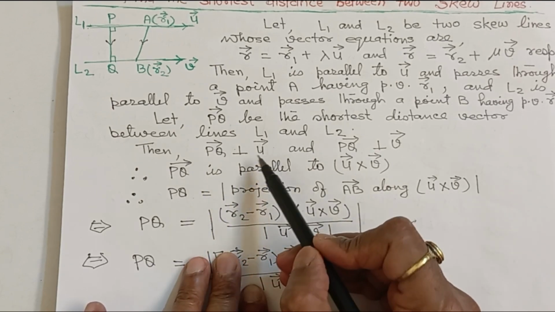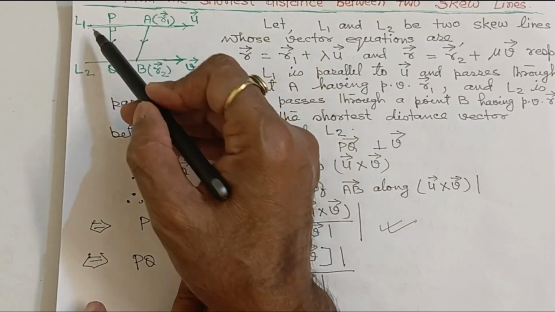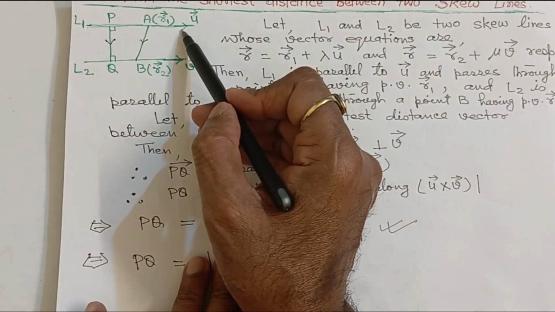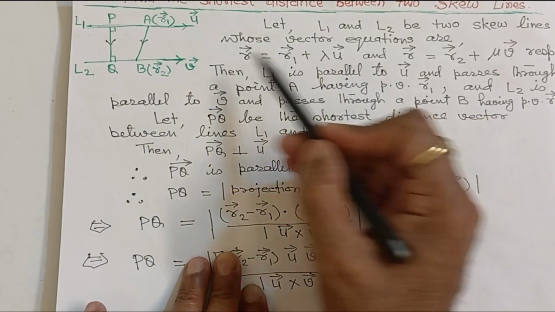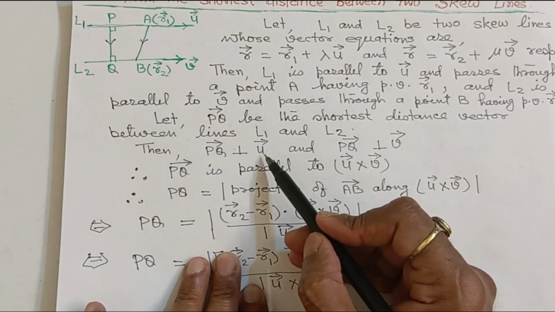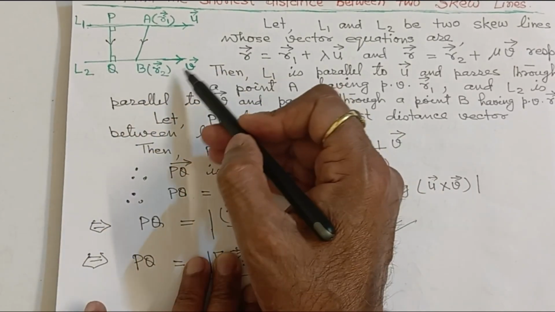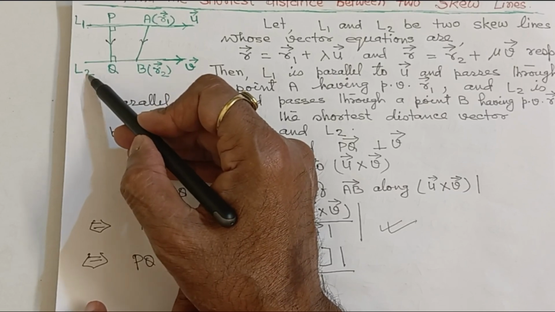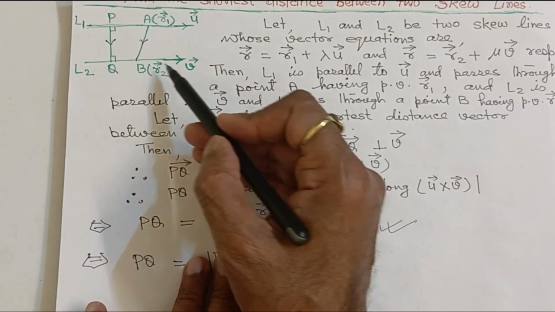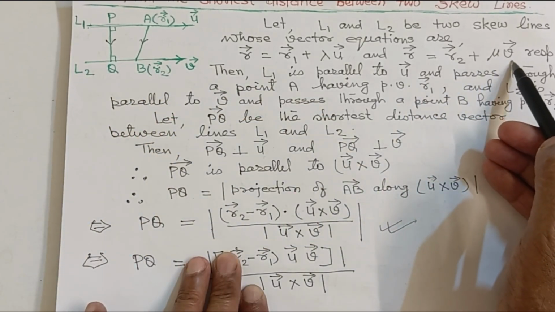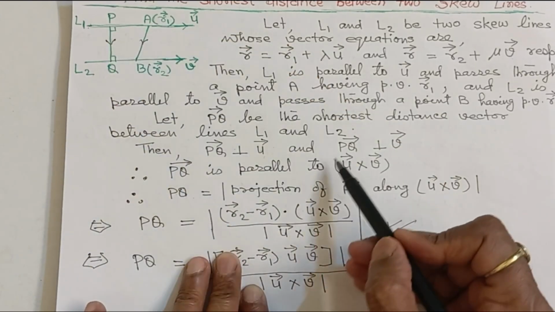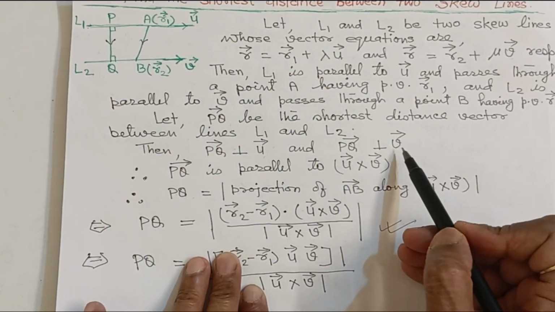PQ is perpendicular to line L1, and line L1 is parallel to vector u, so PQ is perpendicular to vector u. Similarly, PQ is perpendicular to line L2, and line L2 is parallel to vector v, so PQ is perpendicular to vector v.